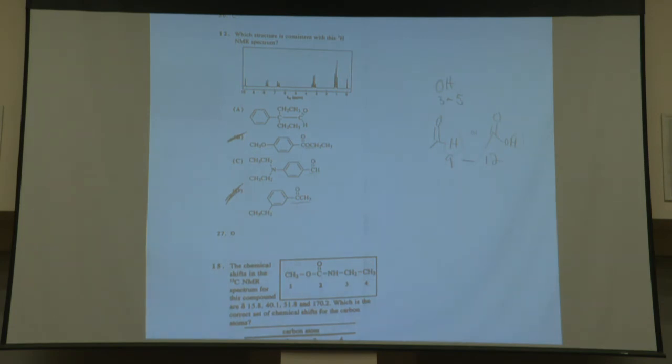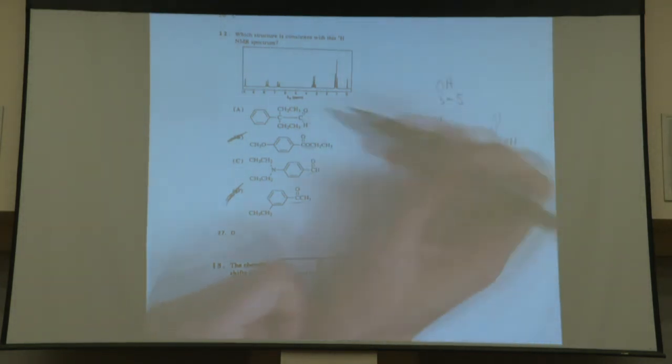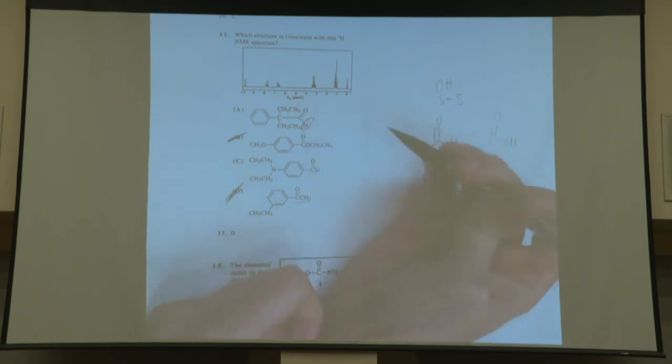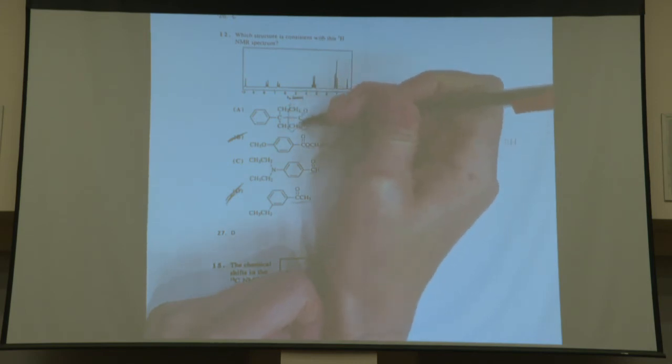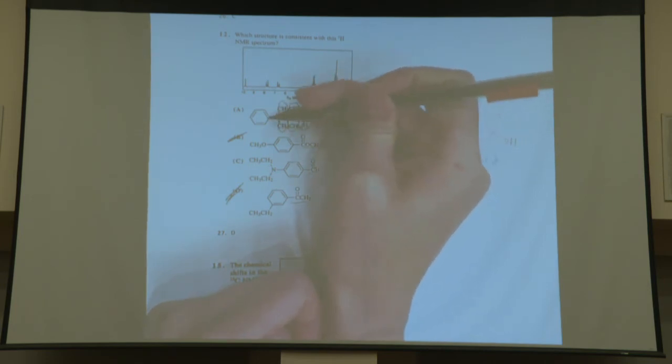Okay, so we're doing H NMR, so we're looking at hydrogens, not carbons. How many signals does this one give off? I have an H right here, that's 1. Do we agree that both of these H's are going to give off the same signal? That's 2. These are also going to give off the same, that's 3. Do I have an H here? No. Do I have an H here?